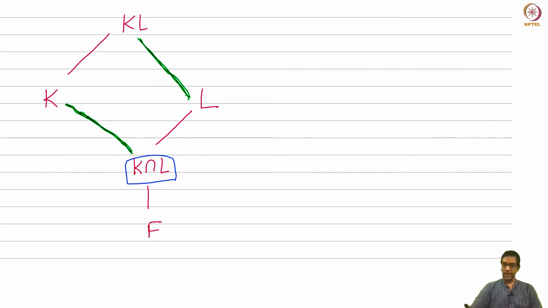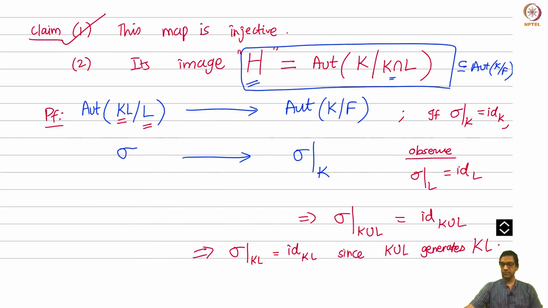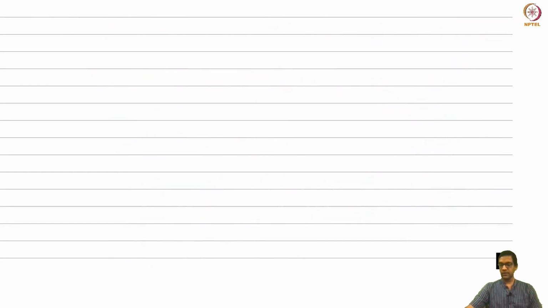If K over F is Galois, then so is KL over L. Further, the Galois group of KL over L is the same as the Galois group of K over K intersection L. Now let's finish this up with a little corollary, which is going to be very useful to us.